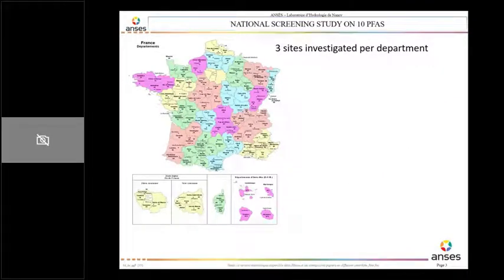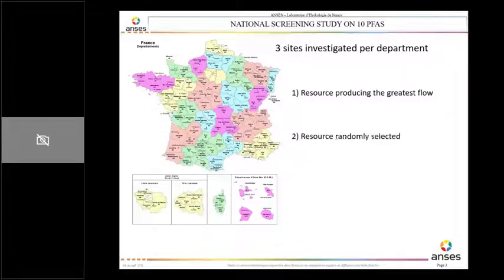France is divided into 100 departments. For our national screening studies, we collect raw and treated water samples on 3 sites in each department. The first site is the resource producing the greatest flow in the department.